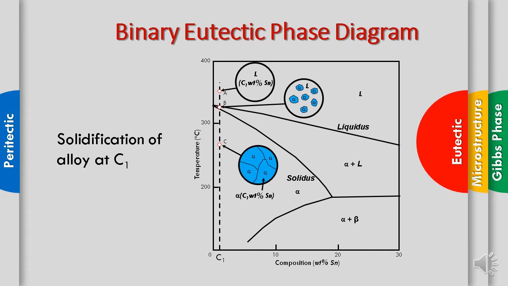The microstructure can be represented like this. At point C, we cross the solidus line, and we have 100% alpha. It will produce a microstructure like this.